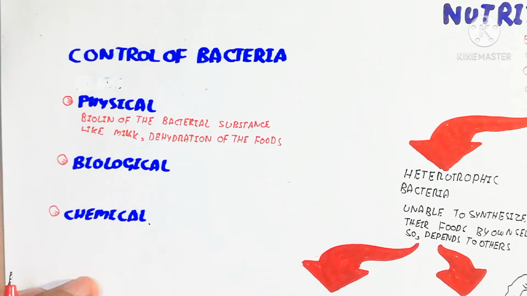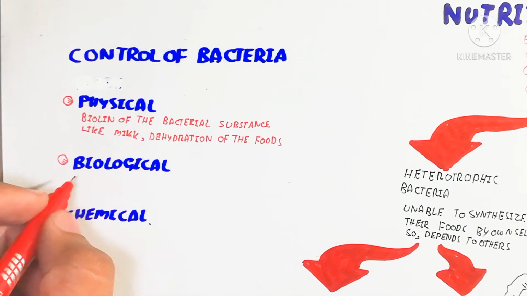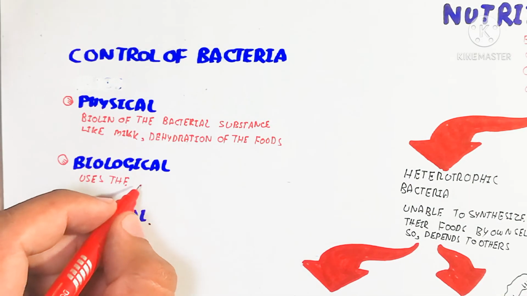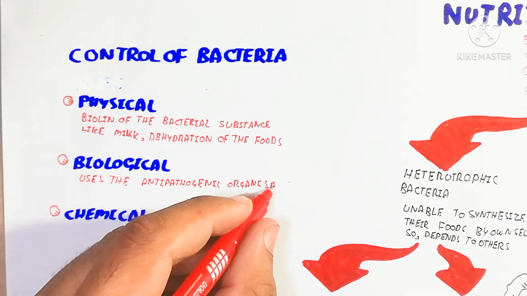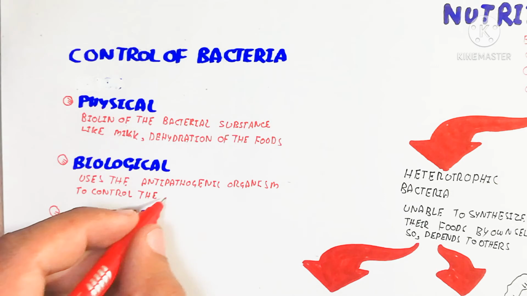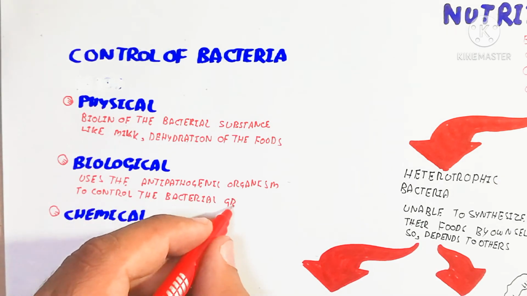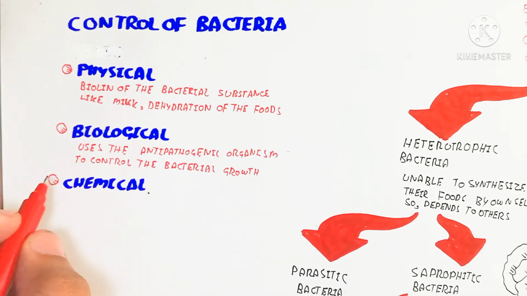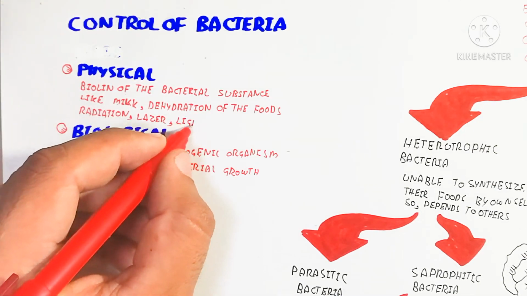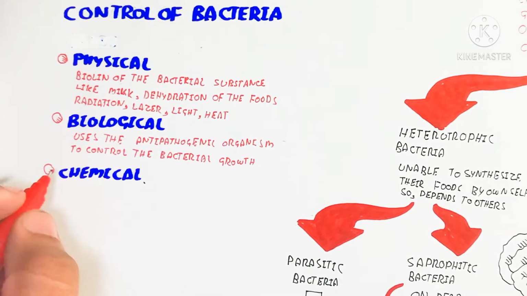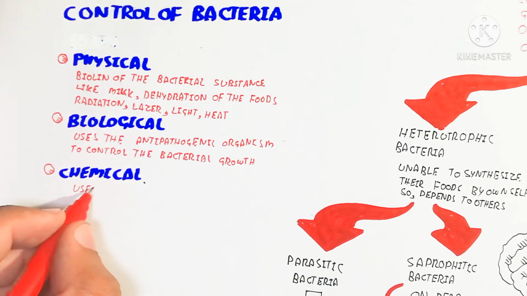Physical control of bacteria is basically boiling of bacterial substances like milk, dehydration of food, radiation to kill the bacteria, and laser or light heat, which are used as physical precautions.